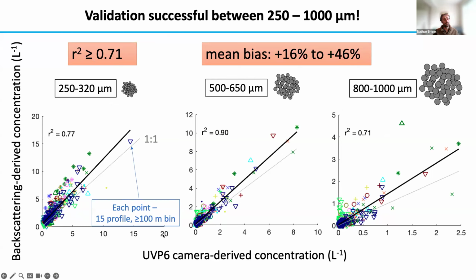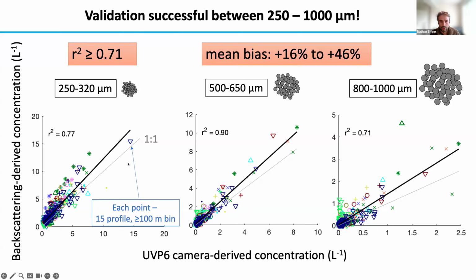So on both the X and the Y axis, we have particle concentration of a specific size class per liter. So how many particles per liter? And we can see on the left, we have 250 to 300 micron particles. On the right, we have 800 to 1,000 micron particles.